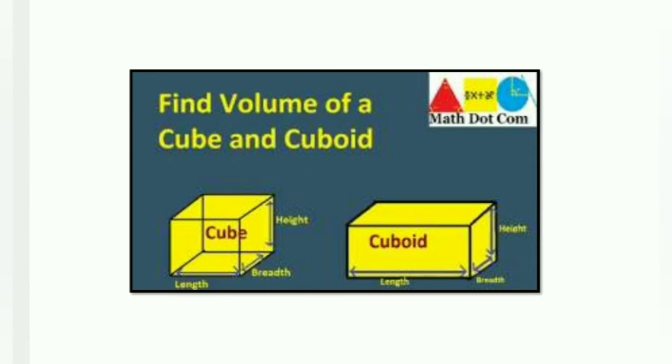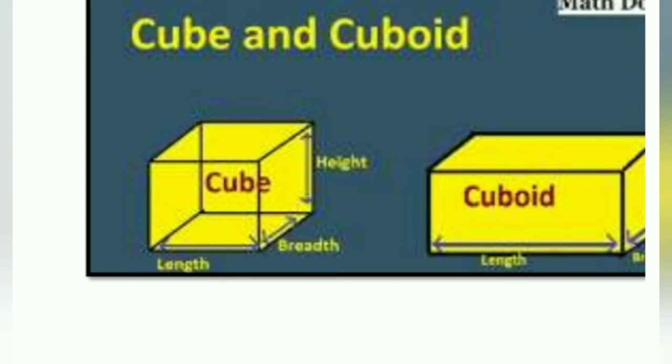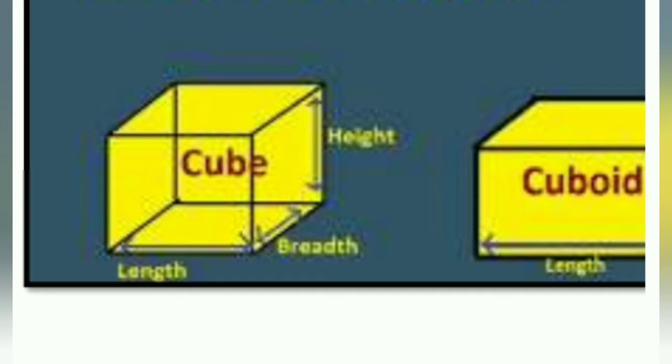We first discussed the volume of a cube and a cuboid. What was the volume of a cube? Both cube and cuboid have length, breadth and height. In the case of a cube, all the sides have the same measurement.